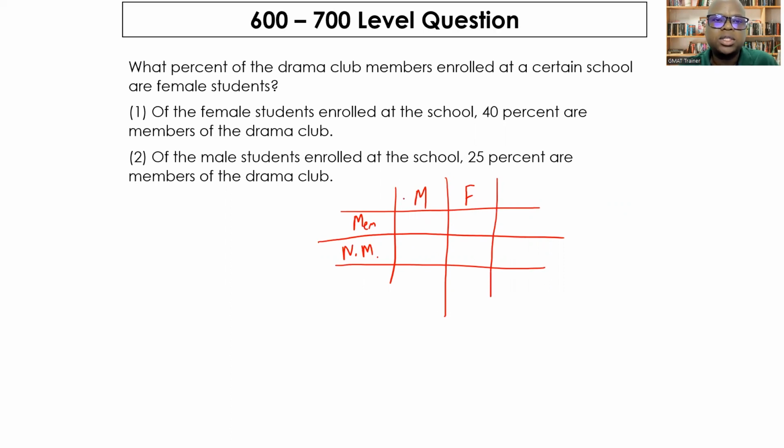From here, we're being asked for the percentage of drama club members enrolled at a certain school that are female. So that means female members, F, divided by male plus female members.